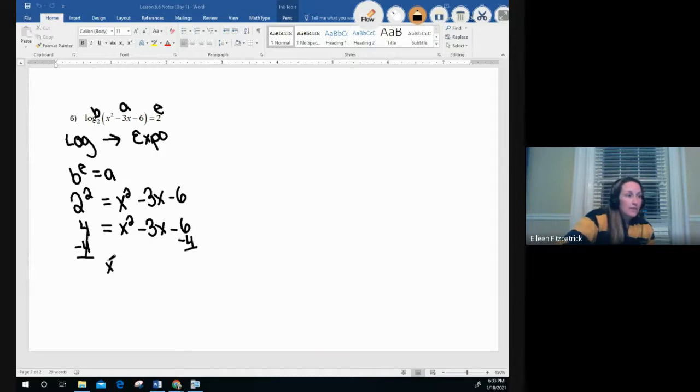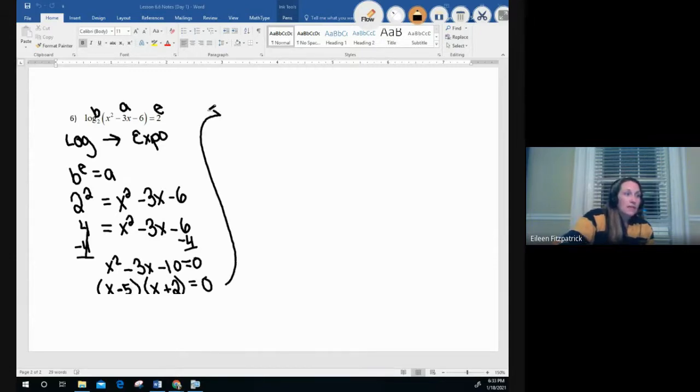So I have x squared minus 3x minus 10 is equal to 0. Now I'm going to try to factor: what two numbers multiply to negative 10 and add to negative 3? Well, negative 5 and positive 2 multiply to negative 10 and add to negative 3.